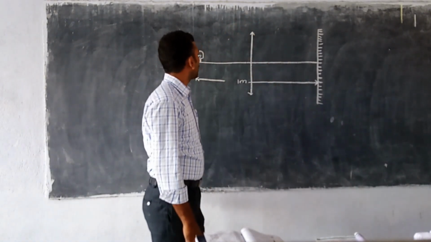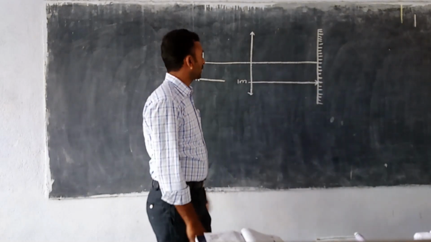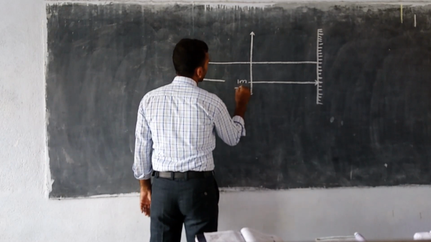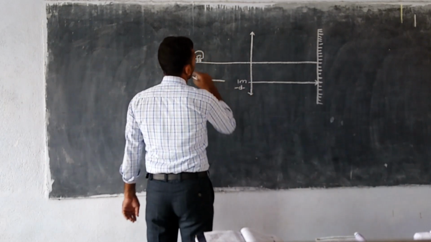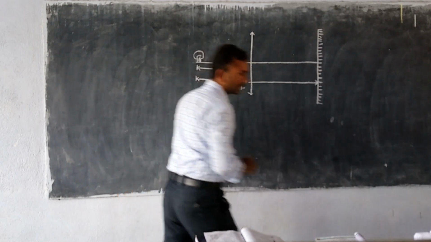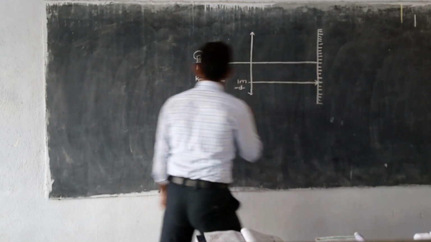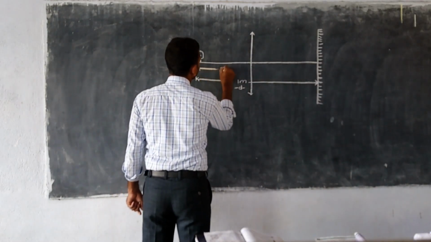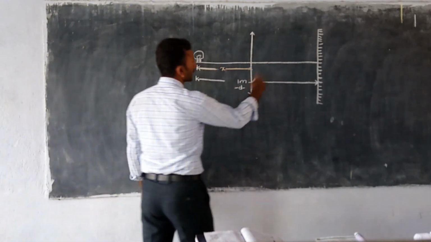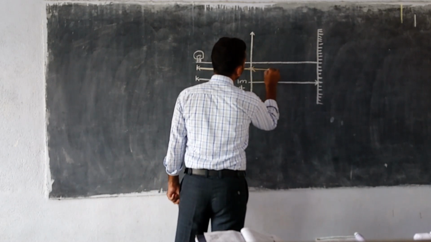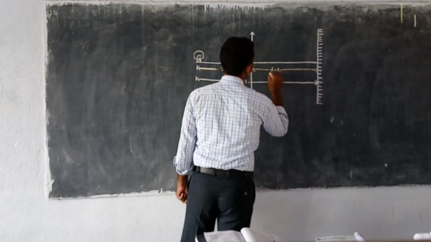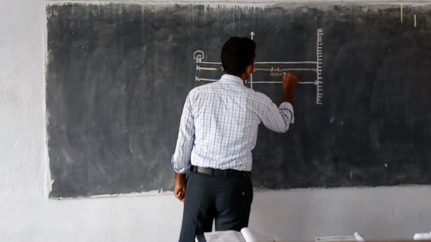To get a sharp image of the lamp, the total distance is 1 meter, indicated by D, and the object distance is x. If the object distance is x, then the image distance will be D minus x, and D is 100 centimeters. So we can write 100 minus x.